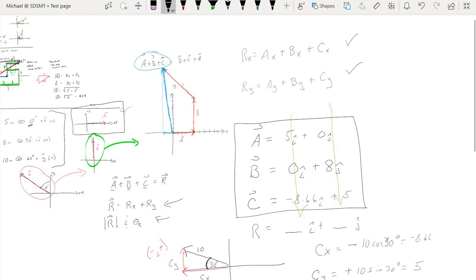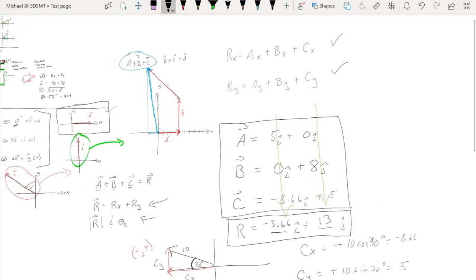So for the x components, I have 5 plus 0 minus 8.66, which will result in a negative 3.66. For the y components, we have 0 plus 8 plus 5, which is 13. And now we're good to go.